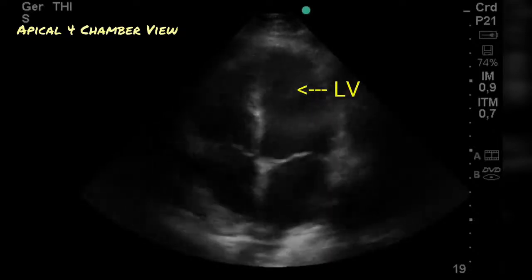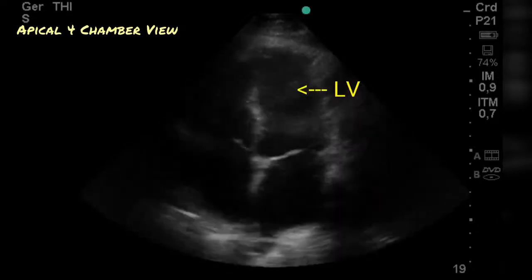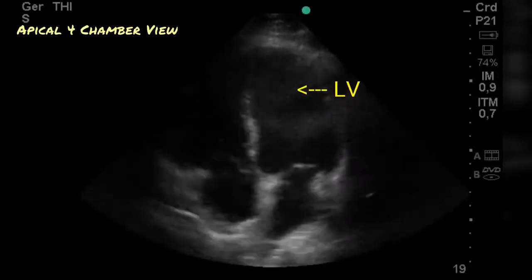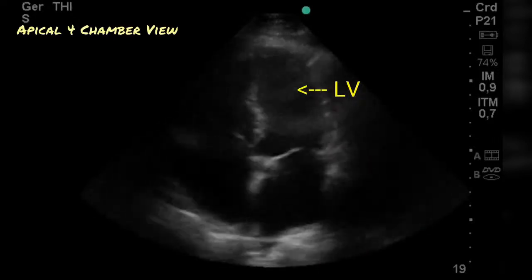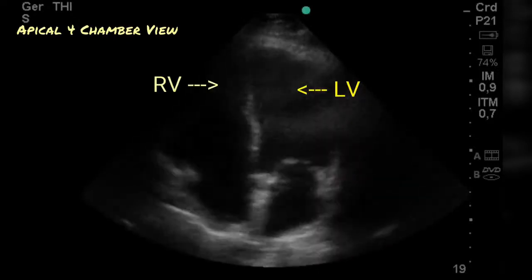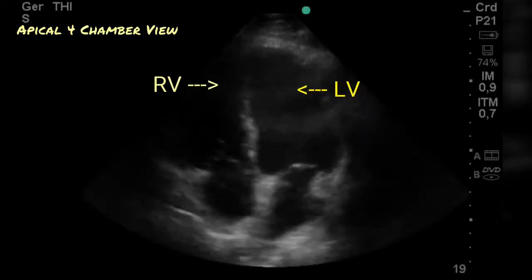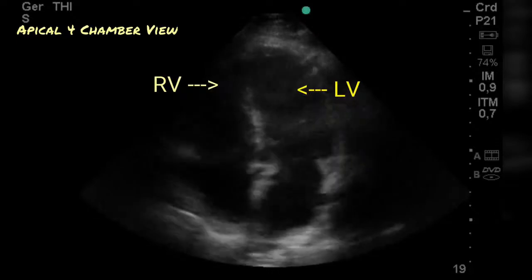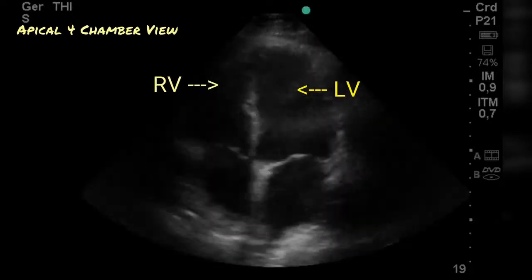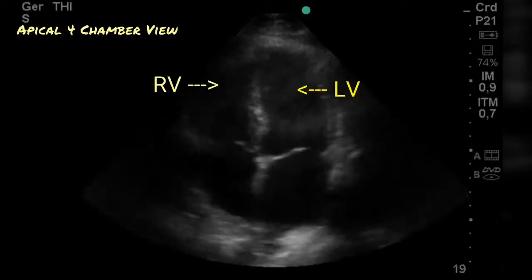First of all, we can see the cavity of the left ventricle on the upper right portion of the screen, and the cavity of the right ventricle in the upper left portion, just adjacent to the left ventricle. And also we can identify the interventricular septum in between the 2 ventricles.